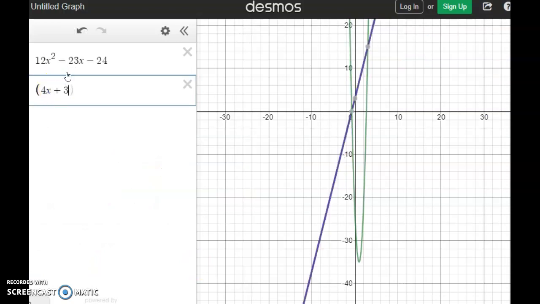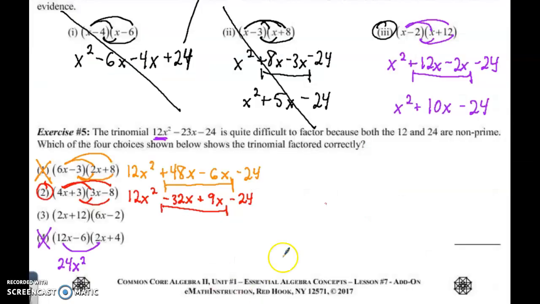And don't be afraid to go back and forth. I think you can tell I do this quite a bit. And then 3x minus 8. And I'm going to go to where it says my purple graph and highlight, unhighlight. It looks like it lines up perfectly. So I think we did it right. Option 2 is correct.